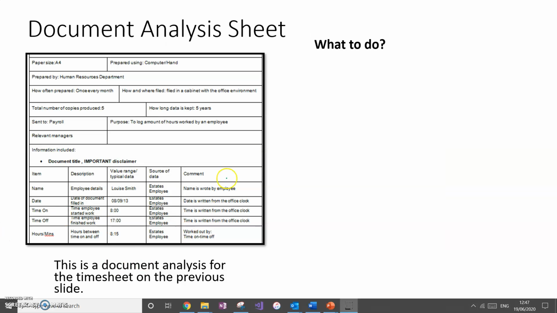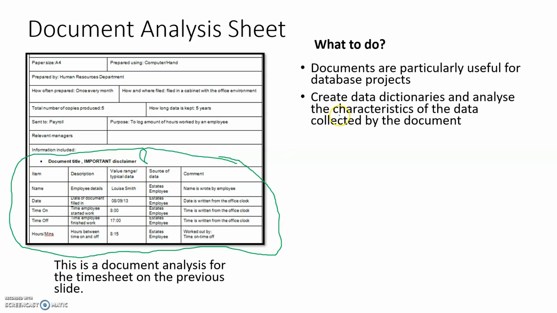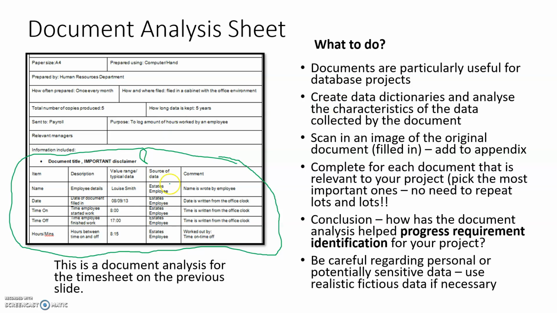And then we have the use of an analysis sheet here to begin to document some of the data within the actual document, and obviously that then potentially can be useful to you later on in terms of designing the database tables and structures that you might need. Okay, it can also be useful for identifying further problems as well, potentially. So yeah, document analysis probably suitable for database type projects, and data dictionaries is probably going to be one of the key things that you generate based on that analysis.